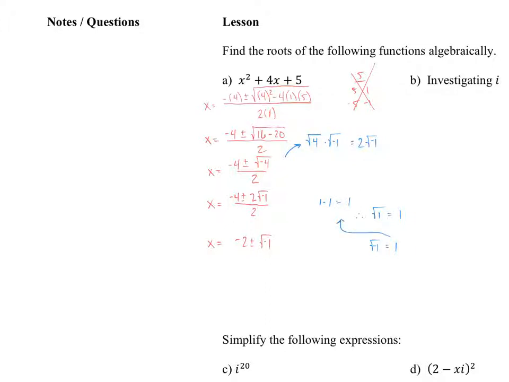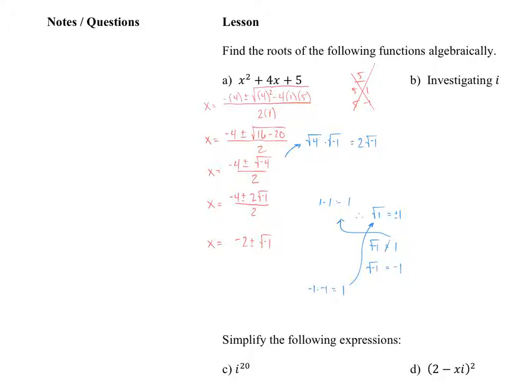Because 1 times 1 is 1, not negative 1. If I try to say that the square root of negative 1 is negative 1, well, I can try that. Negative 1 times negative 1 is, nope, it's 1 again. That just goes back to here. Which reminds me that when I do take the square root of 1, like I did here, I could be talking about 1. I also could be talking about negative 1, right?